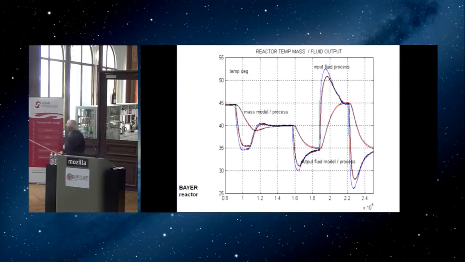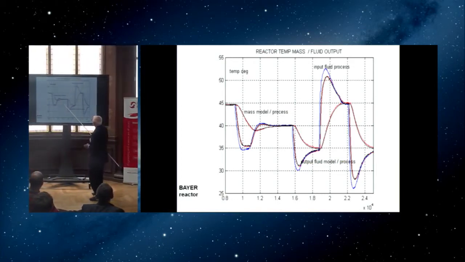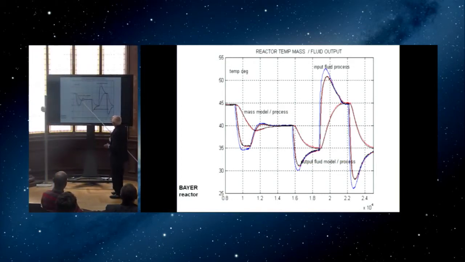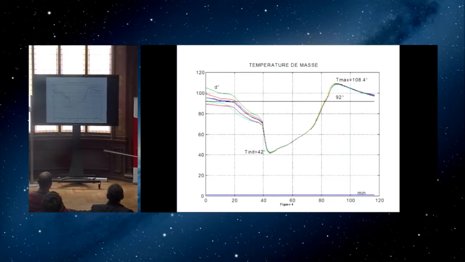So let's take some examples. Temperature control. Here you have the set point. Okay. Mass modular process, the MV like that, and the MV like that, and this is just an example. Bioreactor in Germany. Excuse me.